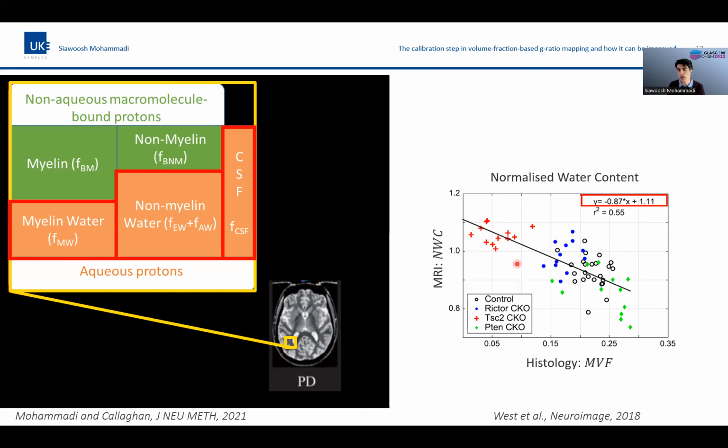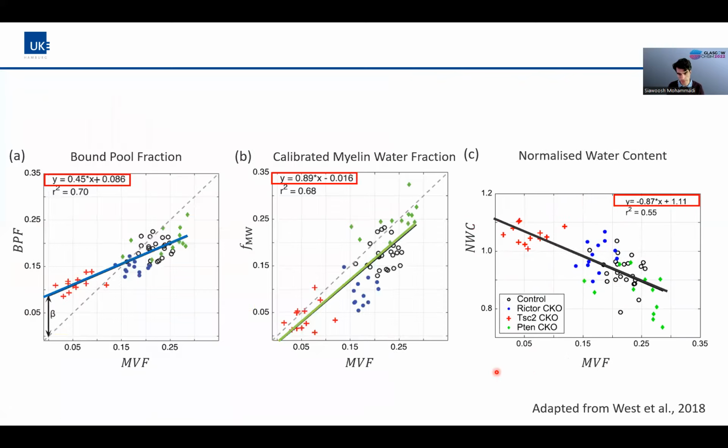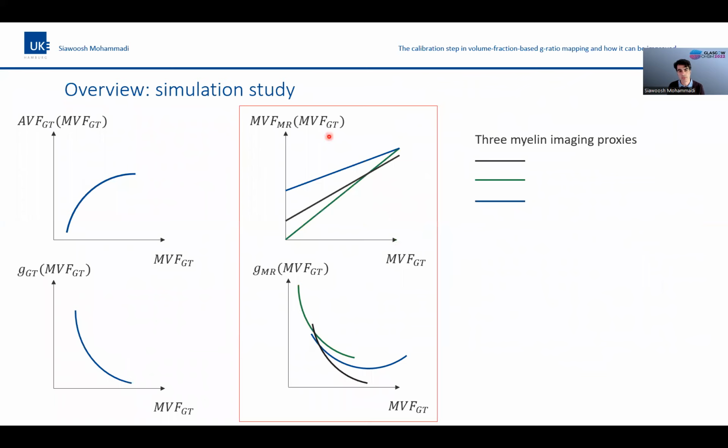If we take 1 minus this term, then we have again a positive correlation to our myelin volume fraction, and the term is then called myelin MTV, macromolecular tissue volume. These three relations are now used to generate our MR-based G-ratio curves, which are then compared to the gold standard.